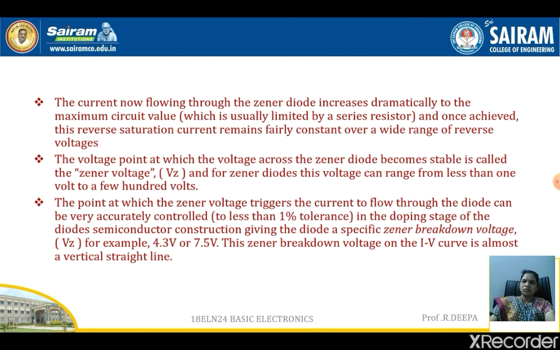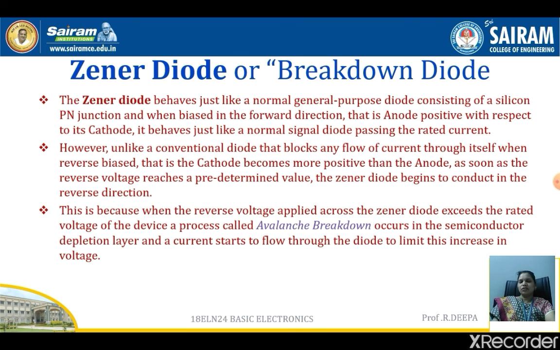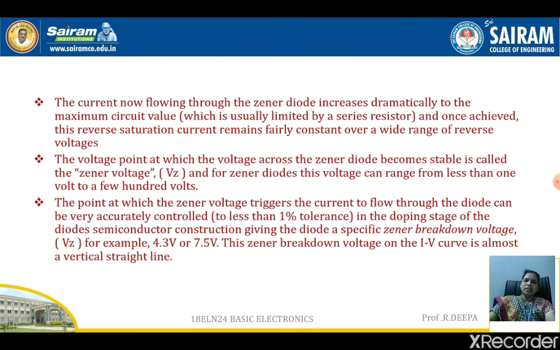I can define the voltage at which the Zener breakdown occurs as the Zener breakdown voltage, and mostly it is in the range of 4.3 volt to 7.5 volt.